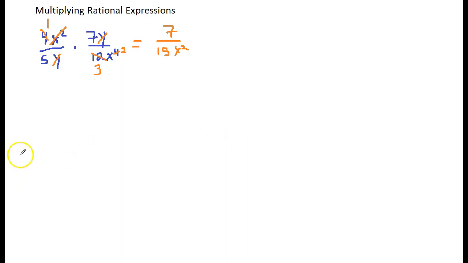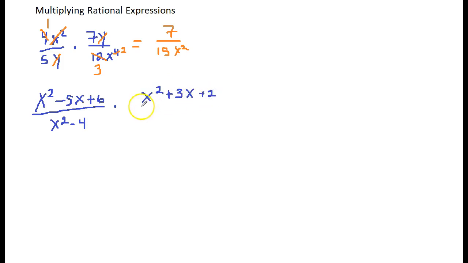All right. Now, this one I have x squared minus 5x plus 6 over x squared minus 4 times x squared plus 3x plus 2 over x squared minus 2x minus 3.